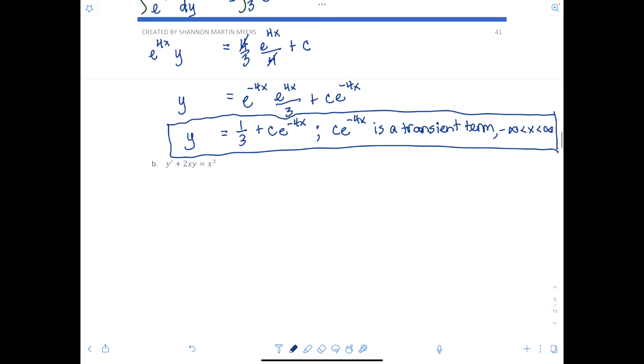Part B, we have the same direction. So I'm going to rewrite y prime as dy dx, and then we have plus 2x, that quantity, times y. I'm grouping it so we can see whatever our p of x is, and that's equal to x cubed.